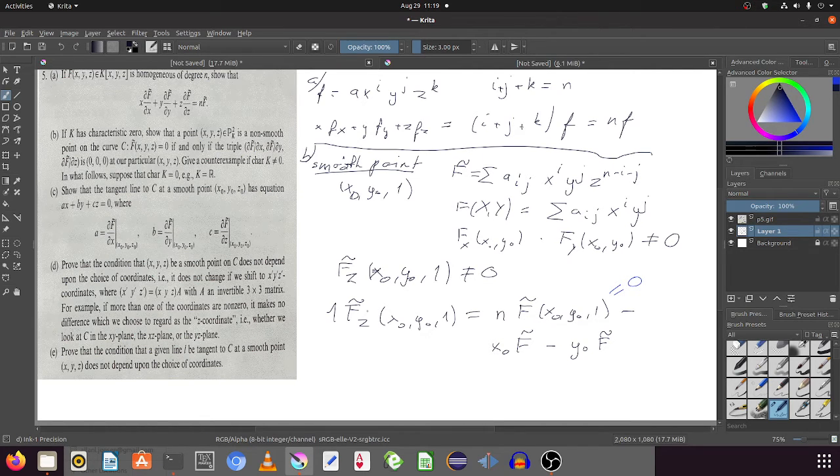So let's try an example like y equals x. That's a lovely line. And the polynomial y minus x is already homogeneous. And we have the smooth point (1, 1, 1).